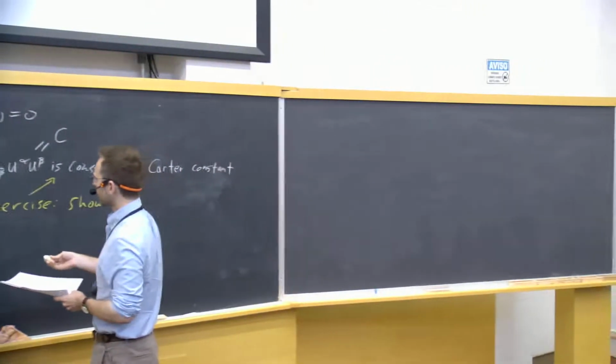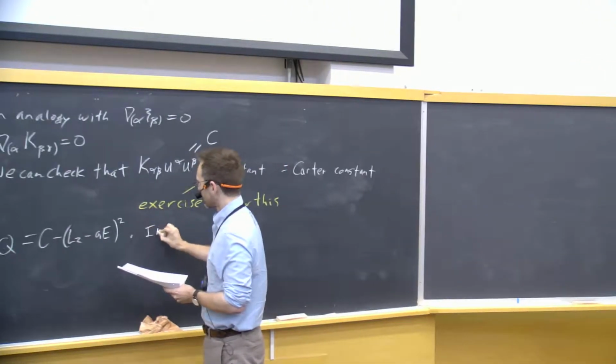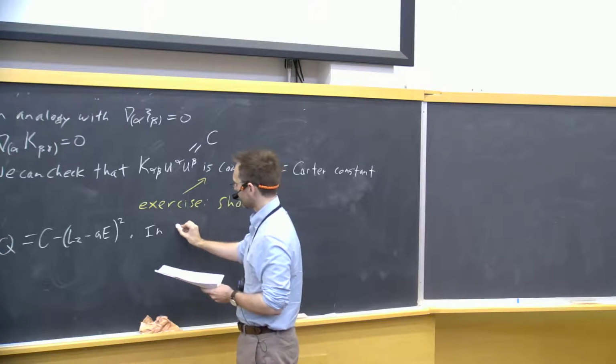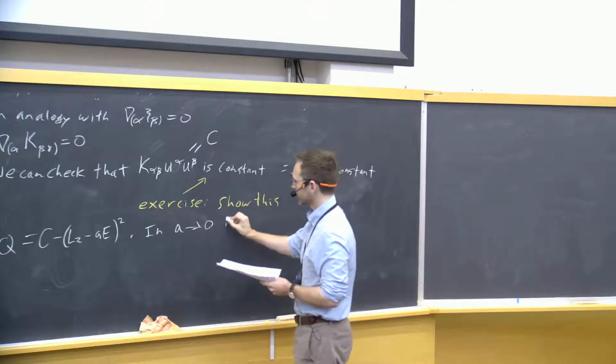So to get some feeling for what these quantities mean, you can take the limit to Schwarzschild. So the spin goes to 0.